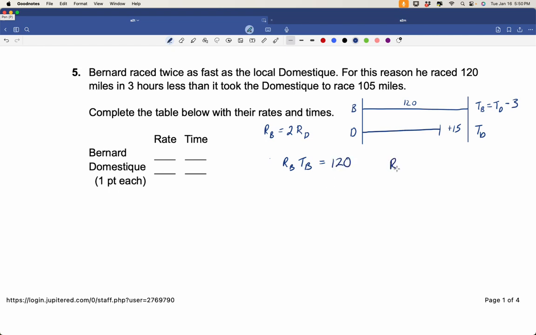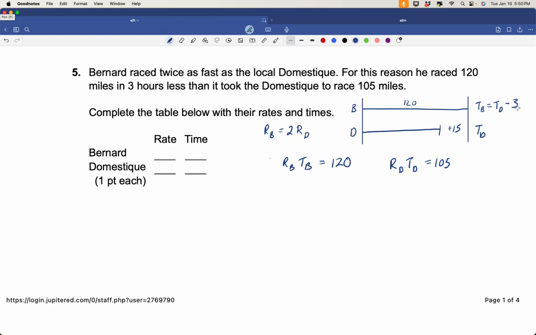And we have the rate of Domestique times the time of Domestique is equal to 105. All right, so that is some equations to help us solve everything. So now what we're going to do is we're going to use 2 times the rate of Domestique here.